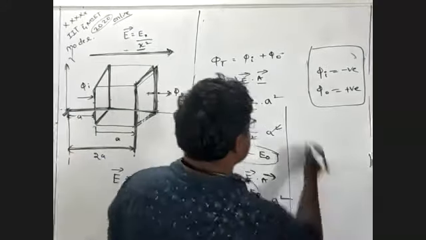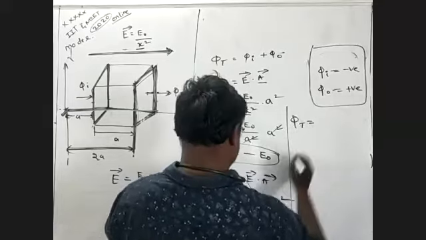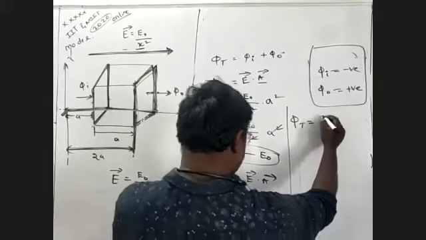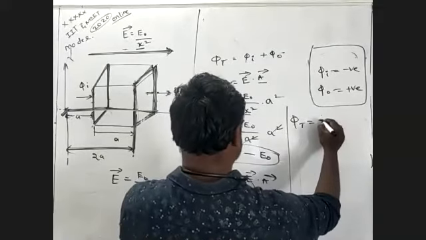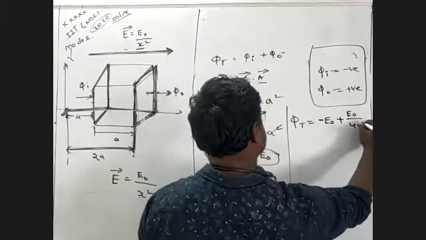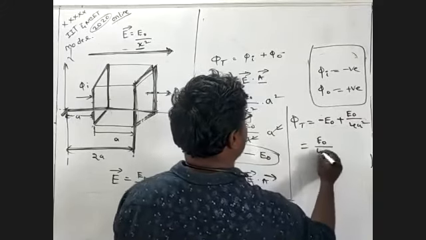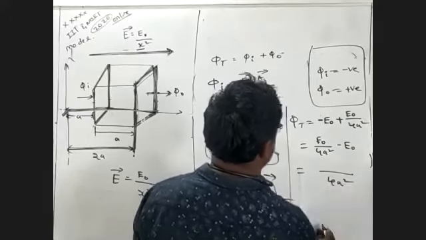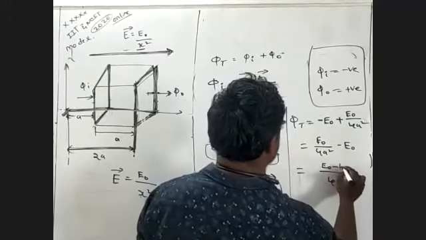Now, the total flux is equal to, now the outside flux is taken as positive, so this is minus E naught plus E naught by 4a square. For 4a square, take the LCM: E naught minus 4 E naught.